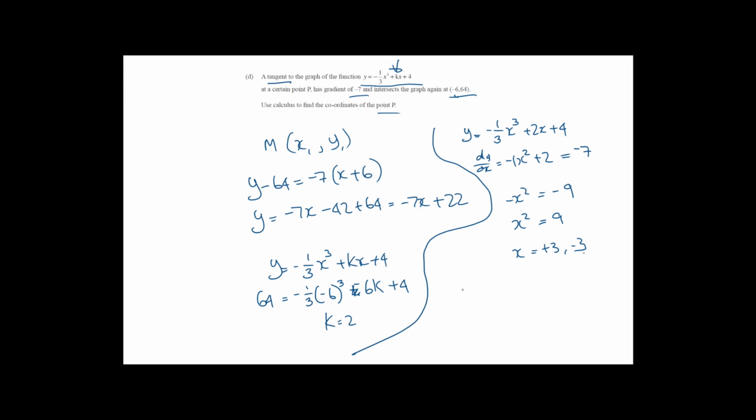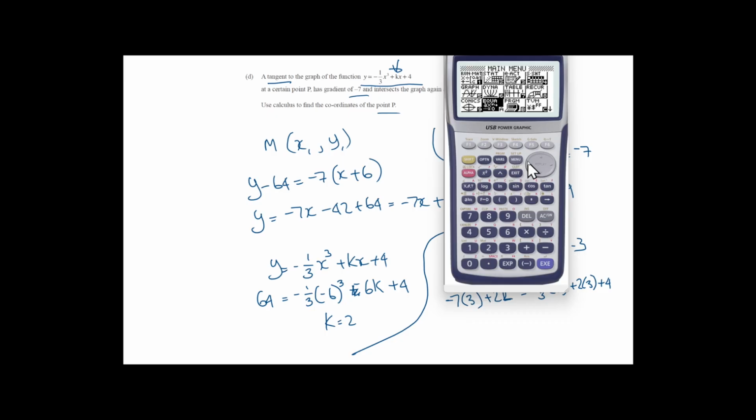So let's test one of them out. Let's test them both out. So negative 7 times positive 3, plus 22. Does that equal negative 1 over 3 times 3 cubed plus 2 times 3 plus 4?